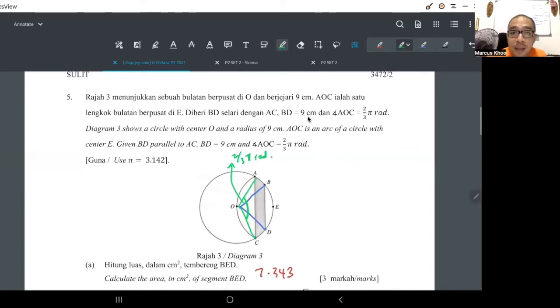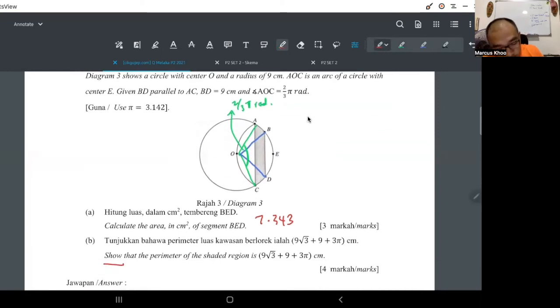2 over 3 pi is about 120 degrees. Never mind, 2 over 3 pi. So the question is, calculate the area of the segment BED, which is this one. The formula for the area of the segment is not going to be given to you, so either you know or you don't. Let me draw just OBED.